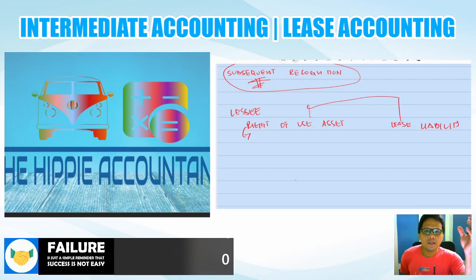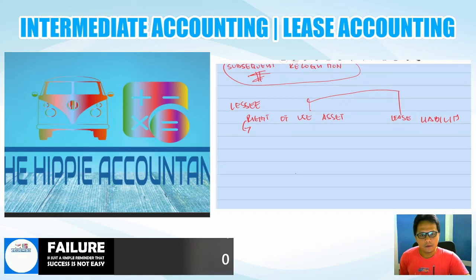Now, under the guidance of IFRS 16, on subsequent recognition, this right of use asset should be depreciated. Why?